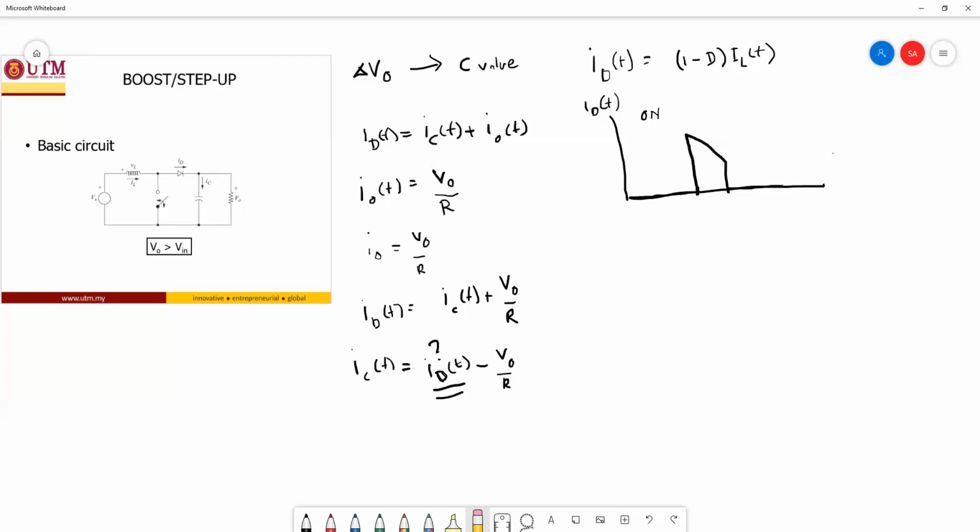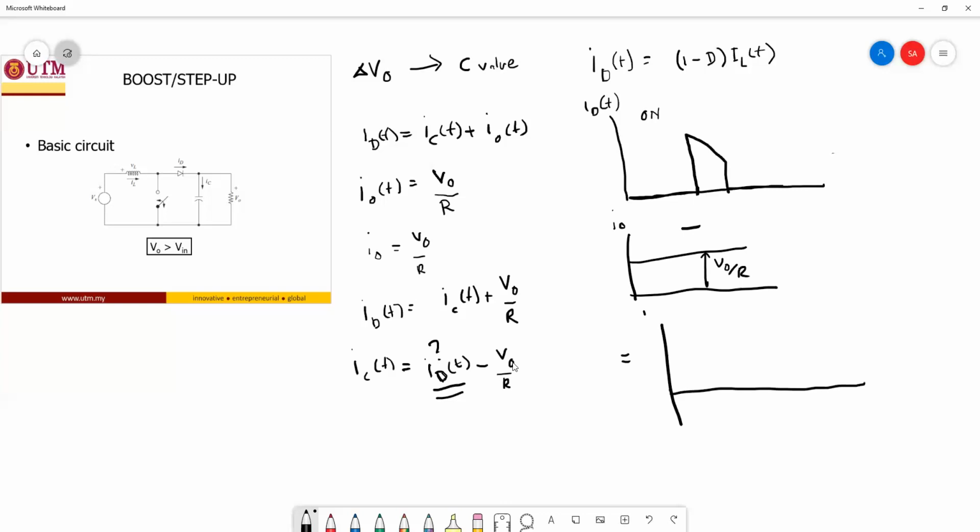The I capacitor is I diode minus V out over R. We already have the I diode, so we subtract a constant current, which is I out, with the value V out over R. Using this sketch, we have my I capacitor.